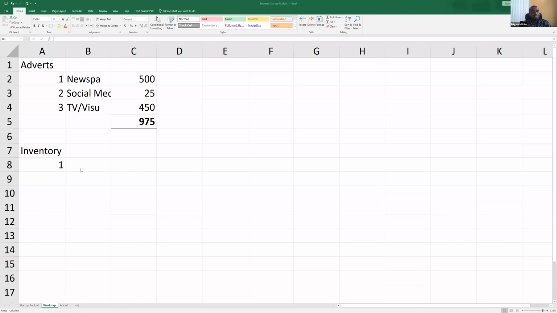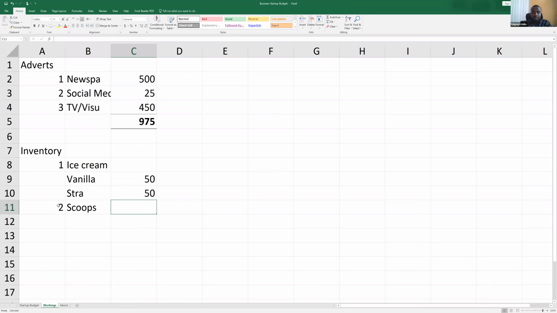And for the ice cream business, what is the kind of inventory? You'll need the ice cream, right? So for the ice cream, maybe then you split. Ice cream, say vanilla. Vanilla, you say it is 50. You say strawberry, 50. Then the next one, maybe you'll need the spoons or the scoops.